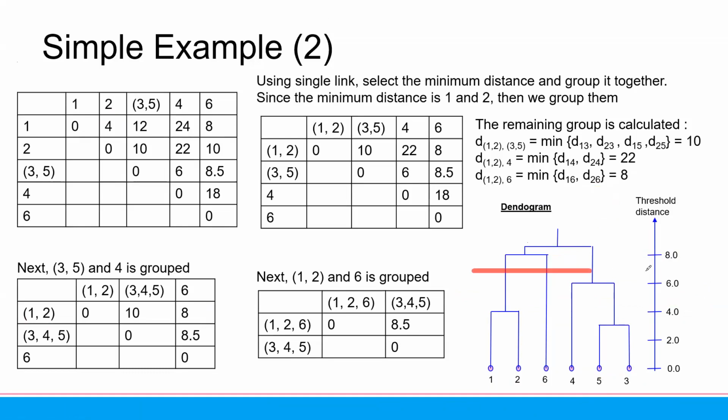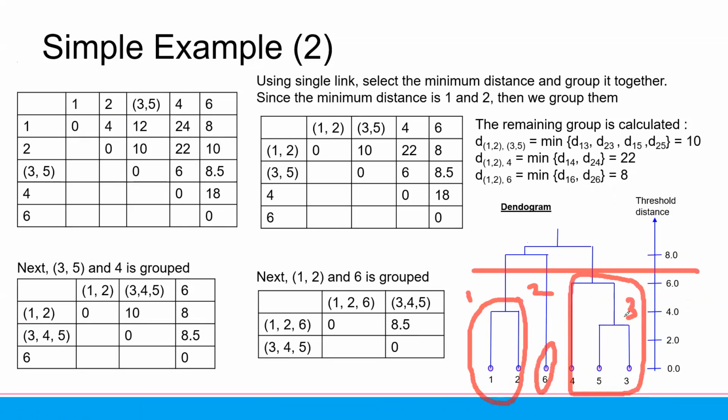This one. So this is the cluster 1, this is the cluster 2, and this is the cluster 3. So the cutting point is maybe 7. So when we cut with the distance 7, then we can get 3 clusters.